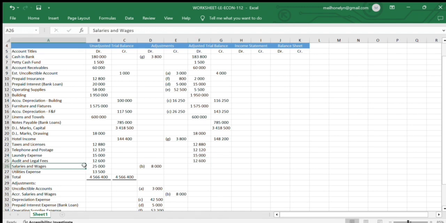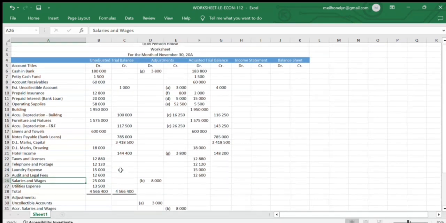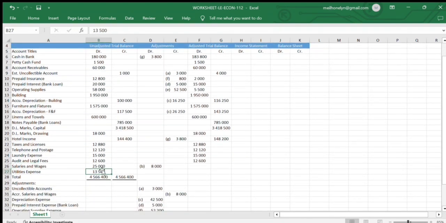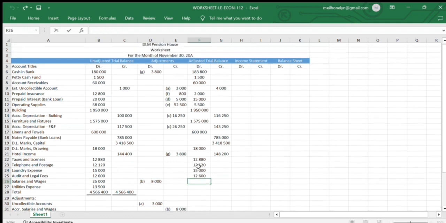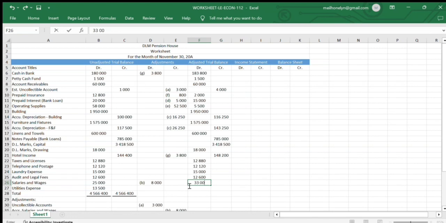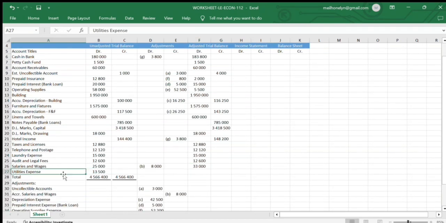For the salaries and wages, since there are adjustments that have been made, we have to add them together and plot this on the debit side. So 33,000. For the utilities expense, it will remain as is on the debit side of the adjusted trial balance. We will just copy this one, 13,500.